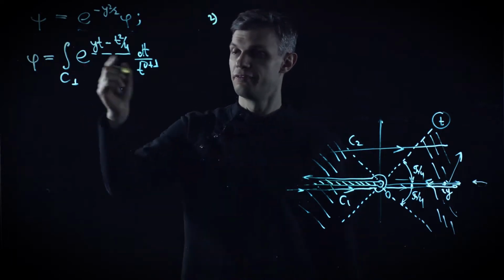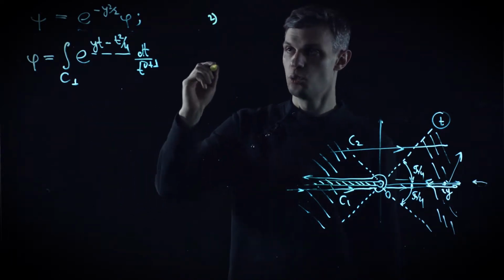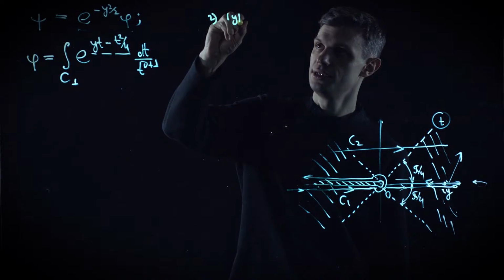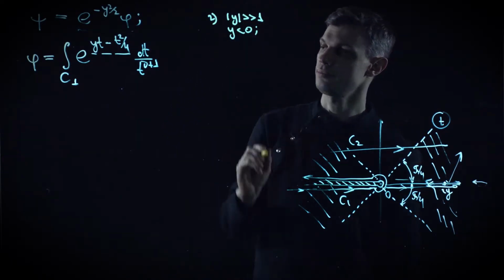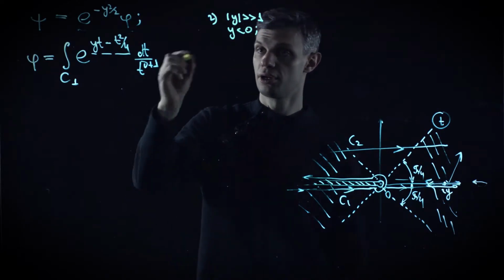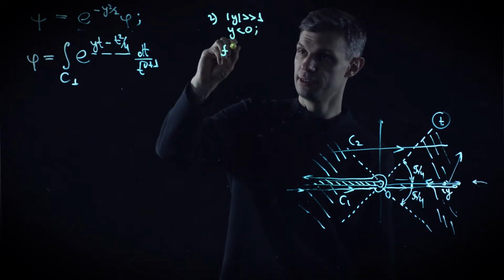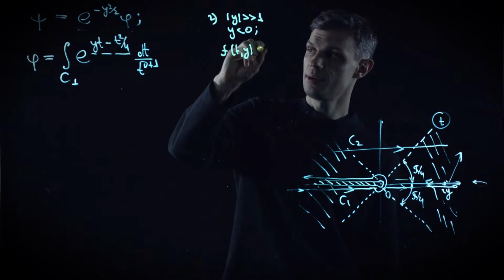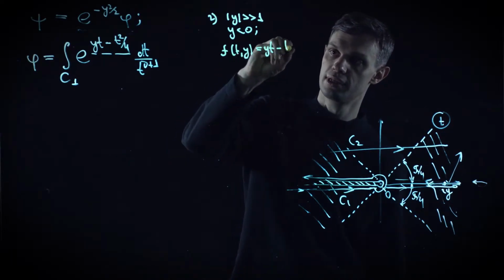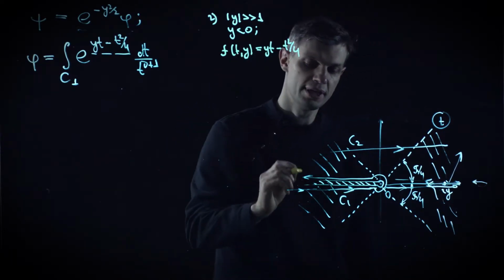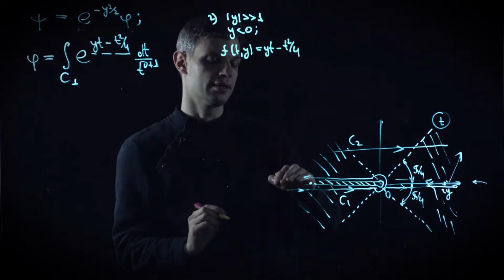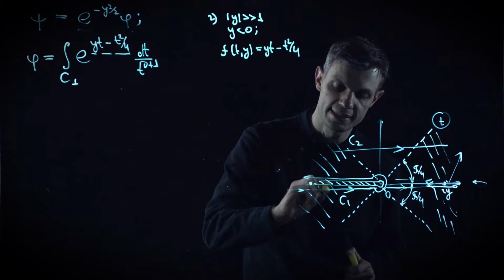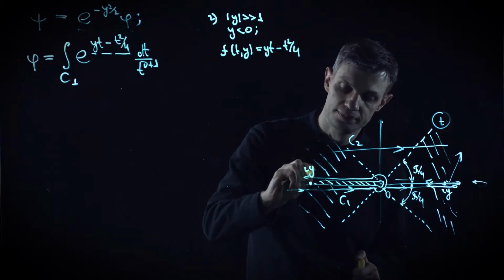Now let's figure out the asymptotics of phi function at large and negative values of y. So y is large, but negative. Again, our f function will have a saddle at the same point, namely at point 2y, but now the saddle is positioned right inside our branch cut.